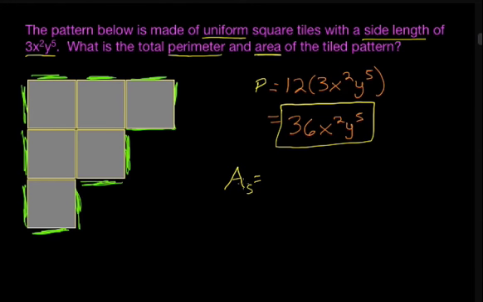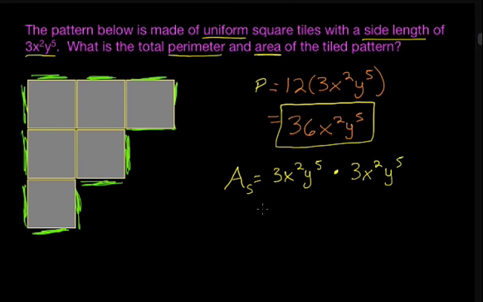So let's find the area of one square. Well, the area of a square is just the length of its side squared, or multiplied by itself. So we just take the length of one side, 3x squared y to the 5th, times itself, 3x squared y to the 5th.